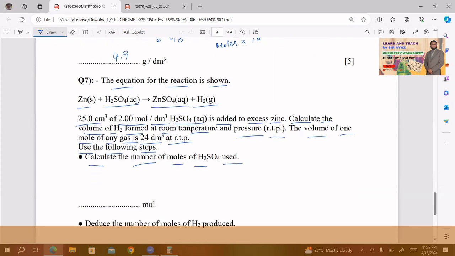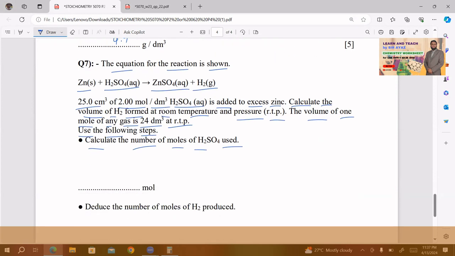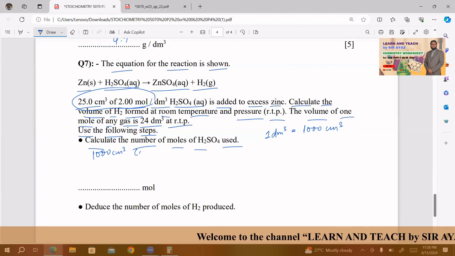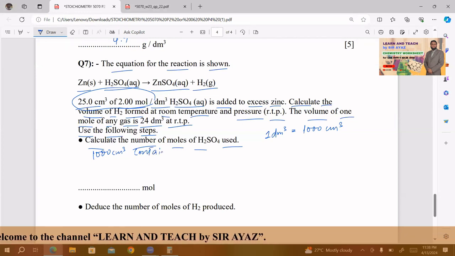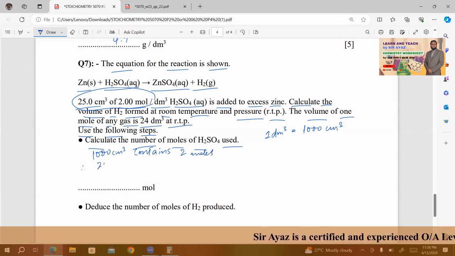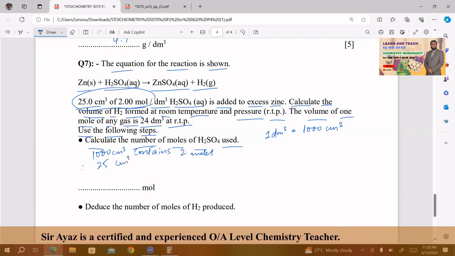So we'll start with the moles of H2SO4. The information is enough. We'll use this information. As I have already mentioned, 1 dm cube means 1000 centimeter cube. So you will write 1000 centimeter cube contains 2 moles. Therefore, 25 centimeter cube contains X moles.